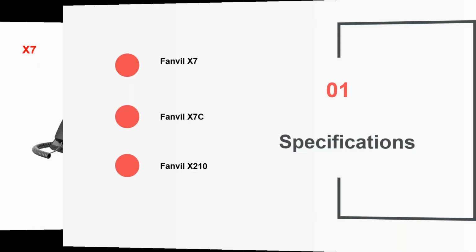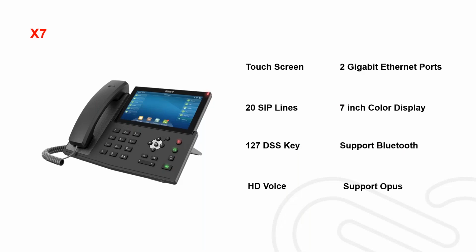First is our X7. We define X7 as a high-level enterprise phone for voice communication. It has a 7-inch color LCD screen, which is also a capacitive touch screen that you can operate directly, or by navigation keys.